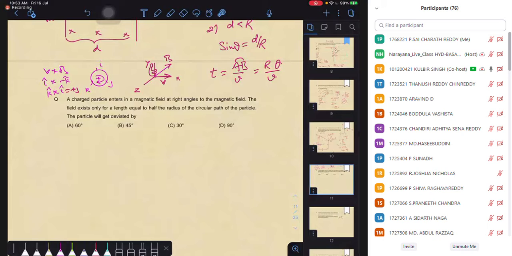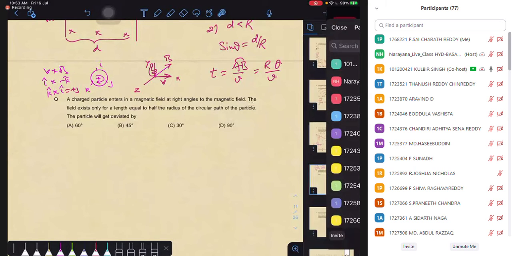A charged particle enters the magnetic field at right angle to the magnetic field. So already given, it is a right angle, and right angle means circle. The field exists only for a length equal to half the radius of the circular path. So the particle gets deviated.